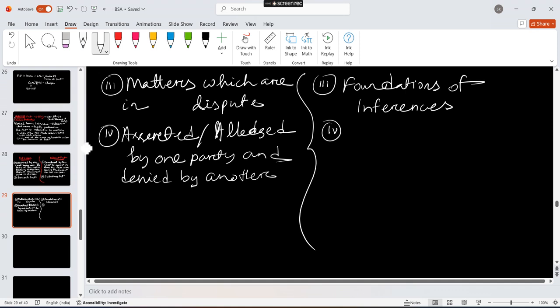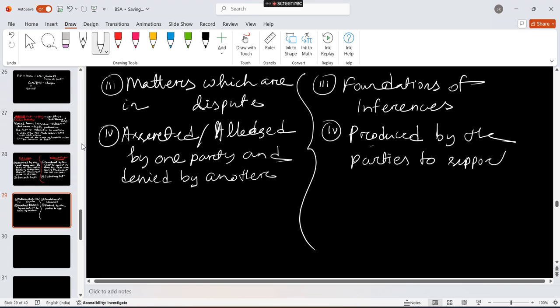So these are the facts which are produced by the parties to support what they are asserting or denying.